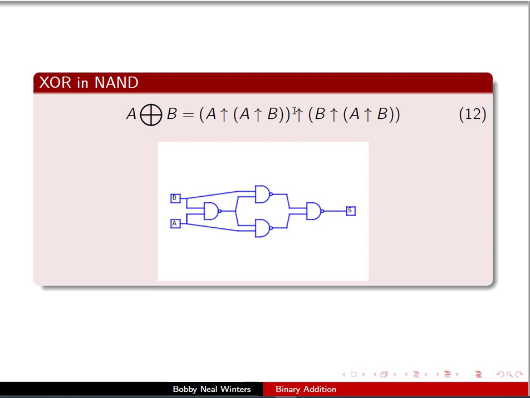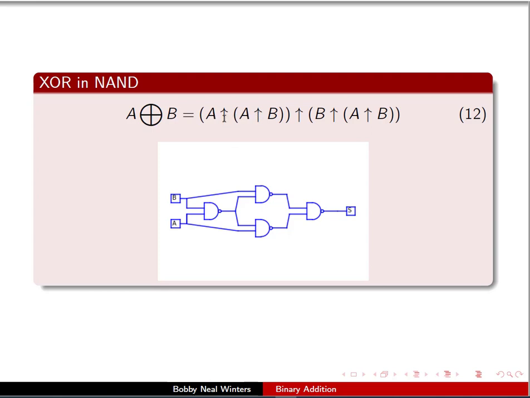Again, each of these NAND operations corresponds to a NAND gate here. This middle one corresponds to here. This one right here over in the second half will correspond to this NAND gate. This operation here corresponds to this one.